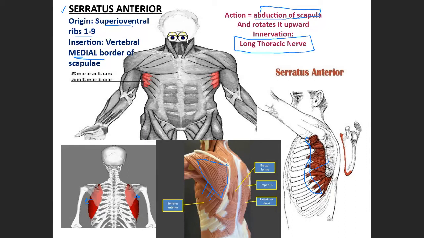Just to review here, it's a nice image of the serratus anterior, which causes scapular abduction. This would be the serratus posterior inferior. Remember, this is part of the erector spinae muscles. So just to review, then we have anterior, the latissimus dorsi.